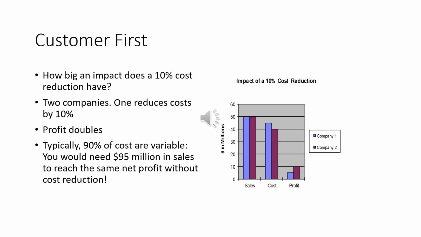So the old company doing it the traditional way is basically just going to be stuck with $5 million. The one that saved the $5 million, their profit is $10 million. Cost saves go straight to the bottom line. If you were just, say, variable cost, for the other company to make the same amount of profit, they'd have to double their sales. And I don't know if any of you have been working in sales. That's tough to do, to double a sale.